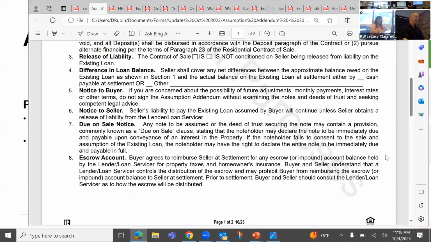I think we would need to use a combination of this document and a traditional contract of sale with some language explaining what's happening. But yes, you're absolutely right. I think that's the practical application, and it's not really contemplated here.